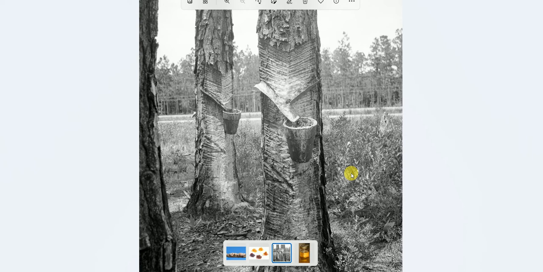This is the process of collecting turpentine. Turpentine is a fluid obtained by distillation of resin harvested from living trees, mainly from pines.